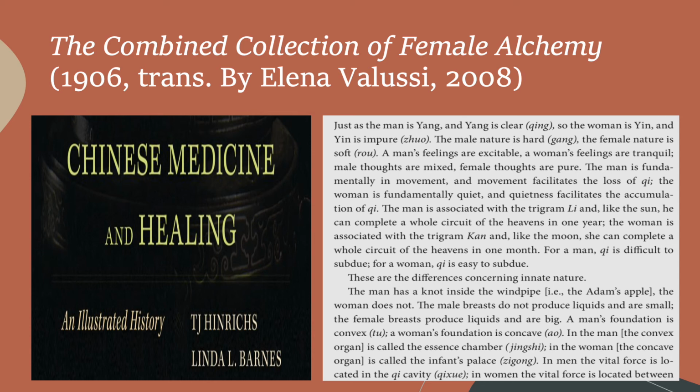And one of the entries in this volume is called The Combined Collection of Female Alchemy. It was translated in 2008 by the historian of Chinese medicine, Elena Valusi. And it's 3 or 4 pages. This is just one of them that I've taken a photograph of and put here up on the screen. This is also another way that I could look for primary sources.